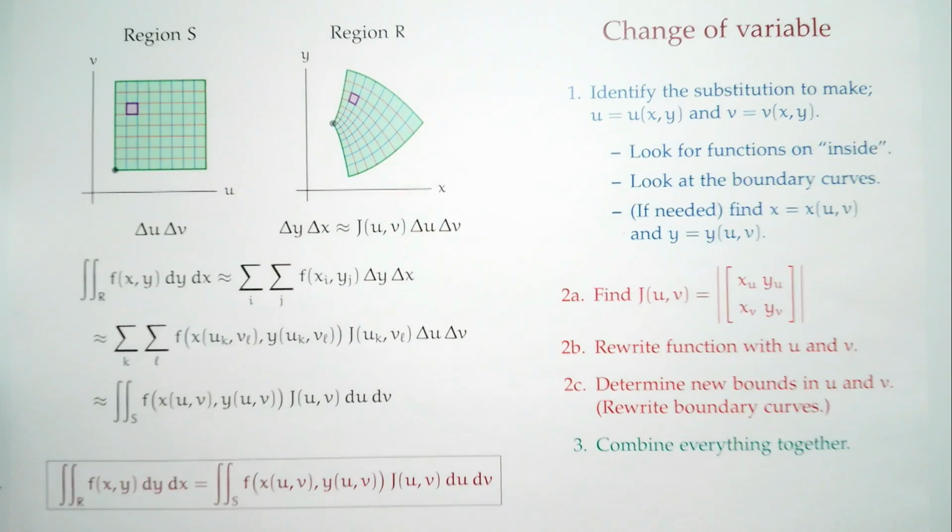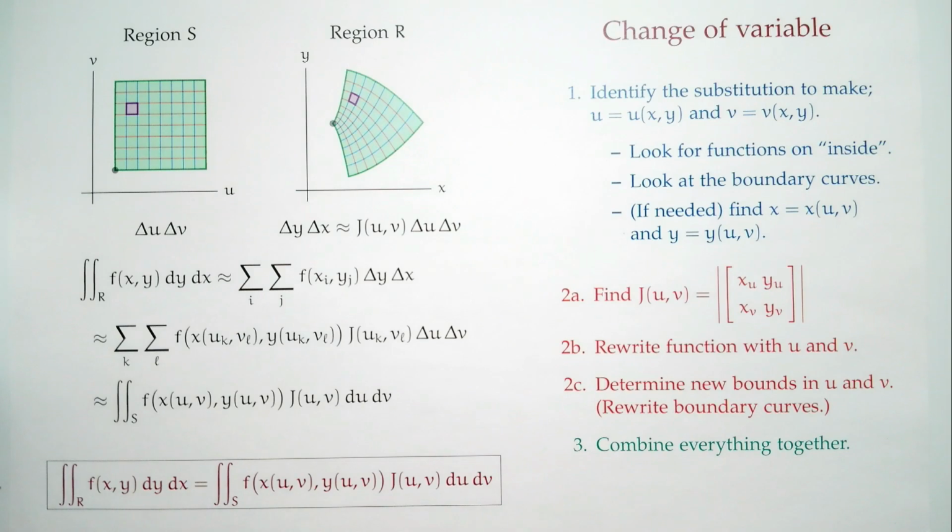You'd look for some function that's on the inside. You might say, oh, there's this complicated expression on the inside of a function. That might be a good candidate for a new variable. So that would be changing the way I describe coordinates. Or you might see some really exotic boundary curves. Okay, let's make that kind of boundary curve. That might help me make a new coordinate system.